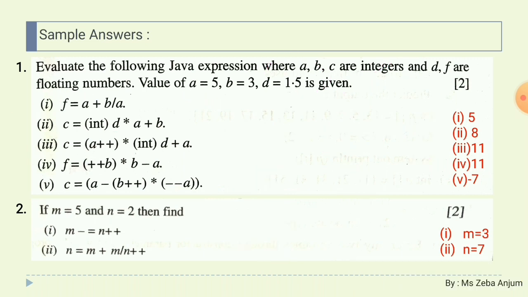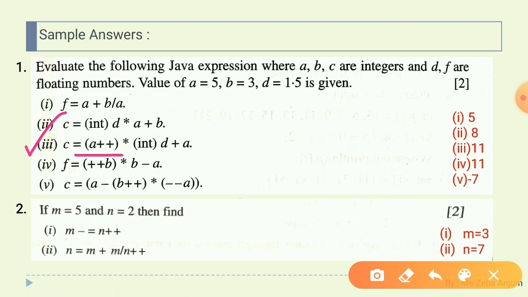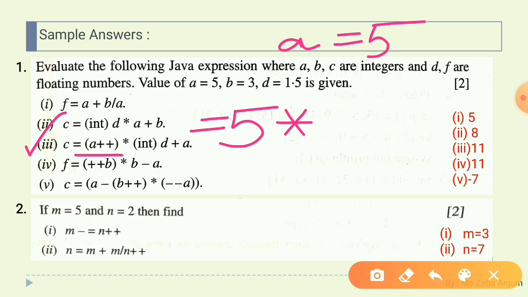Now again see the third one, c equals a plus plus multiplied by int d plus a. A plus plus is basically a post increment. So firstly we write down the value as it is, then afterwards we increase the value. The value of a was 5 initially, so over here we write down 5. Now multiplied by int d, again we explicitly typecast the value of d, so it gives you 1.